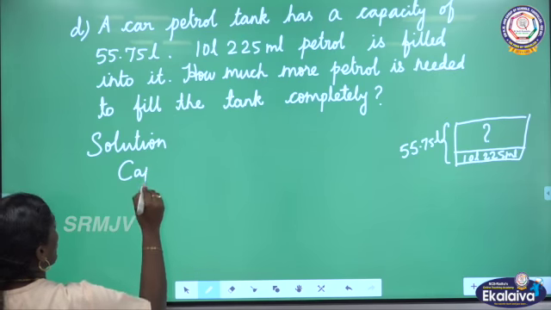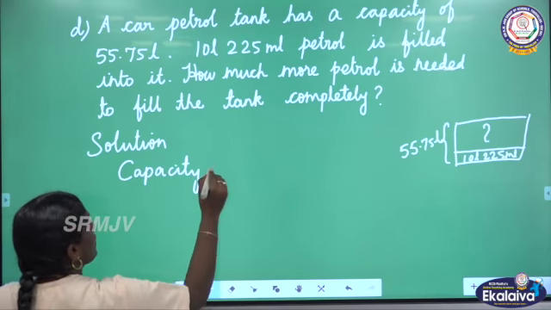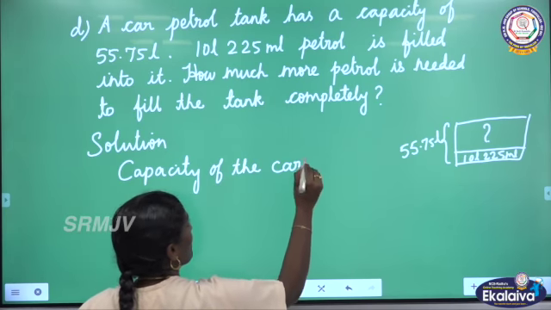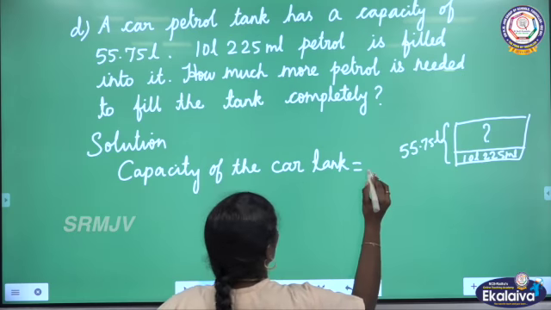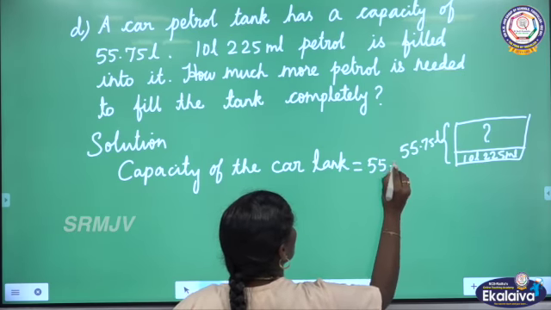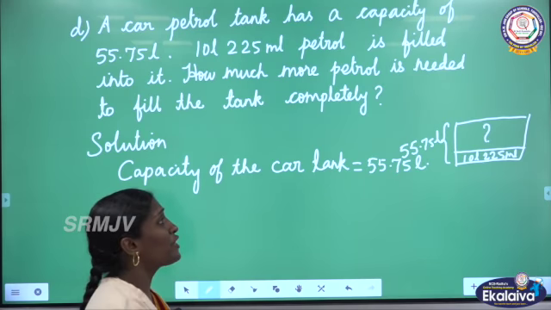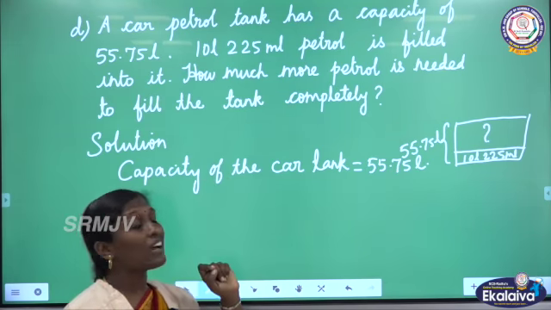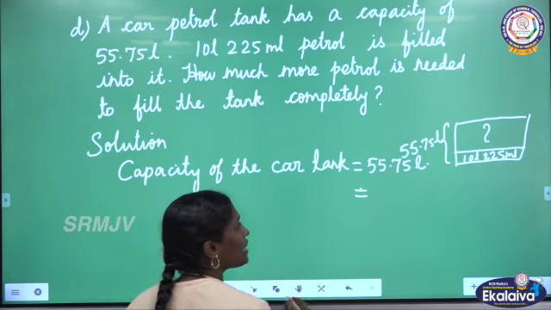Okay, let us start the solution. Capacity of the car tank is equal to 55.75 liter. See the second one, we are having liter and milliliter. So I am going to write as liter and milliliter.